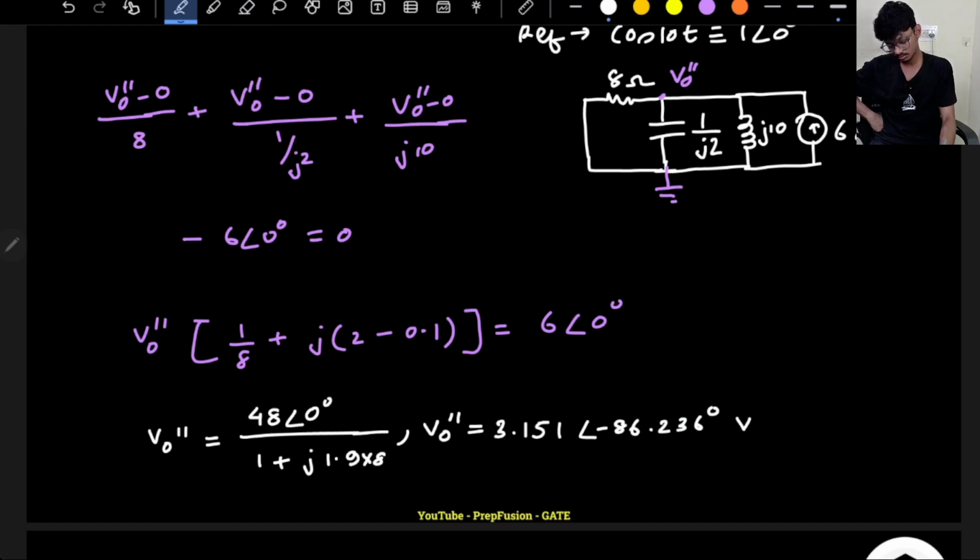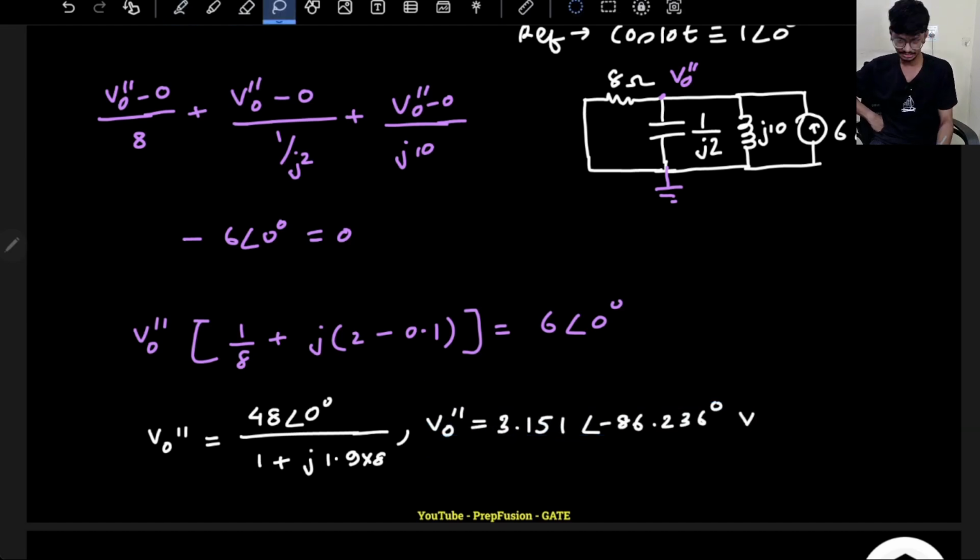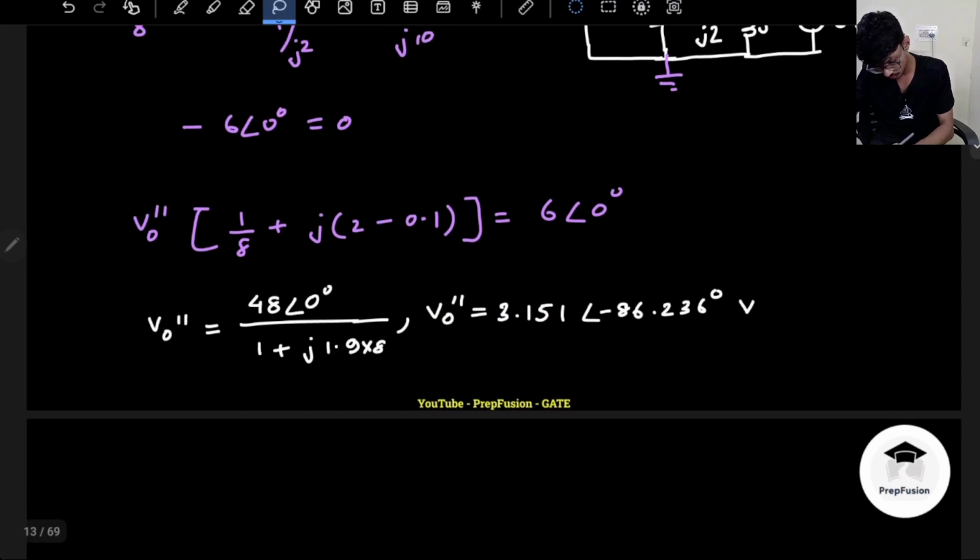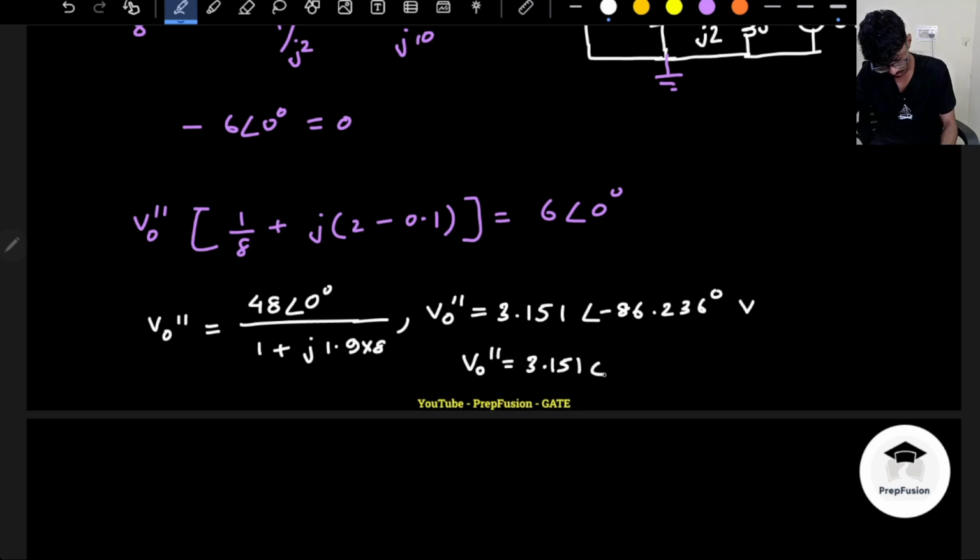So this is the voltage, and this is the angle. I hope you understood. If I go back to my actual form of sinusoids, this will be 3.151 cos of 10t minus 86.236.